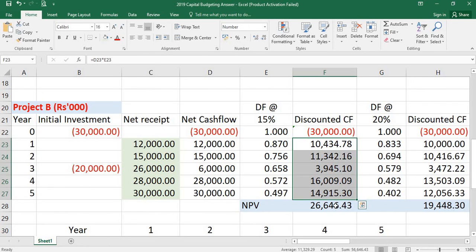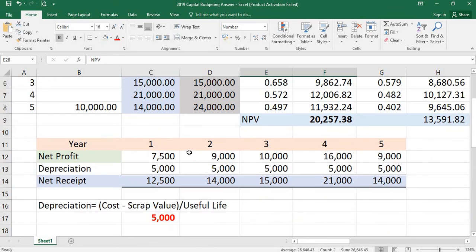If you deduct 30,000, you get the NPV of 26,646.43. So this is the answer for the first question, part A: the NPV of both projects.